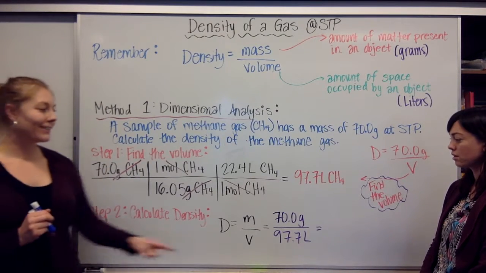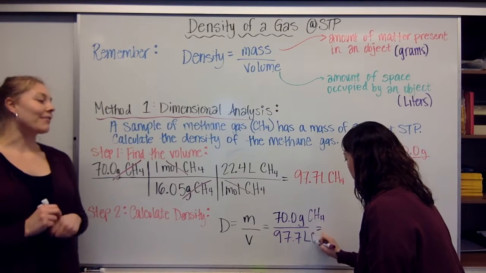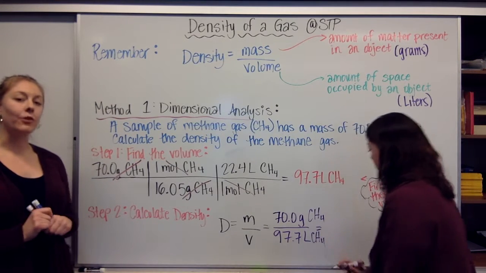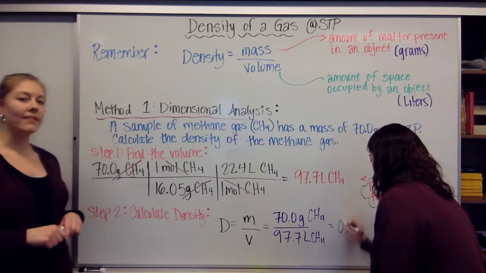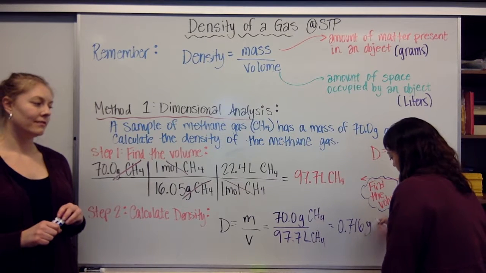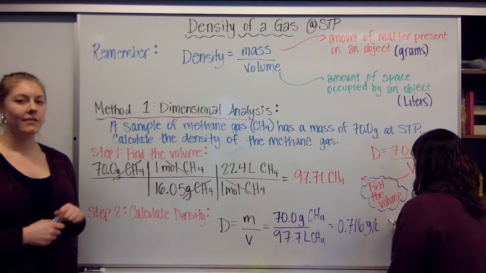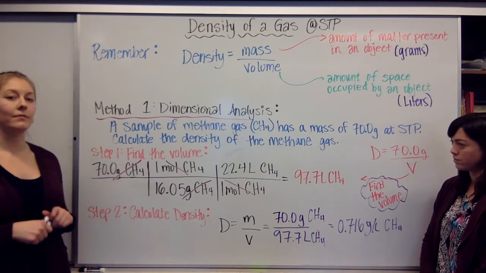Grams of CH4. So grams of CH4 over liters of CH4. And when you calculate it, you get 0.716 grams over liters CH4. So we have our density of methane. Great. That's method one. Not too bad.